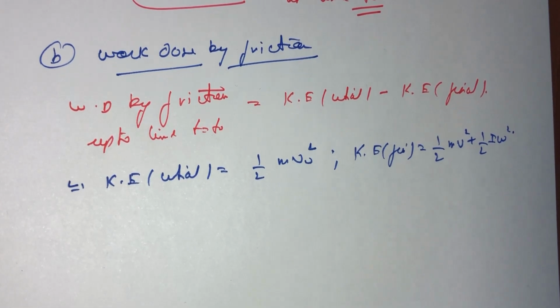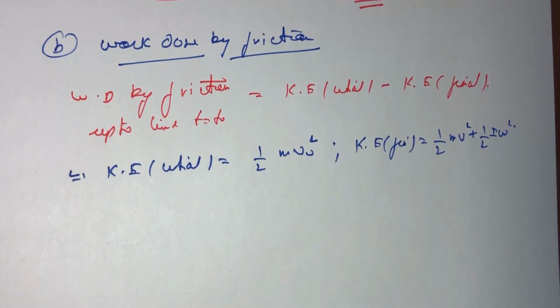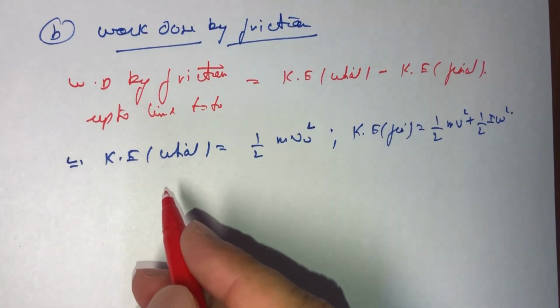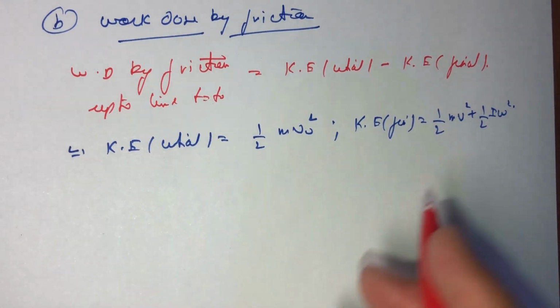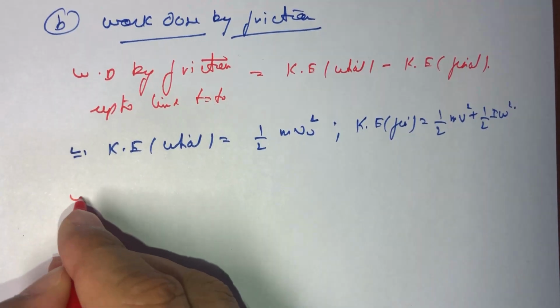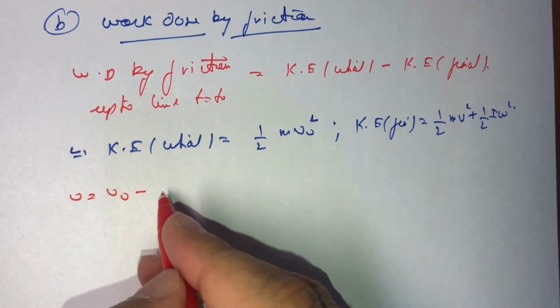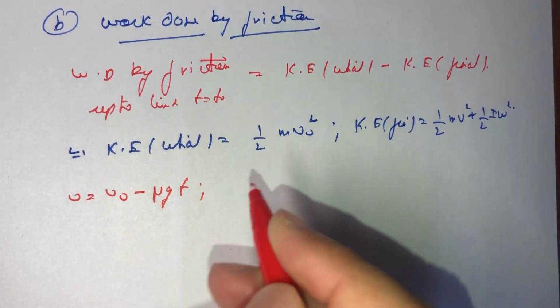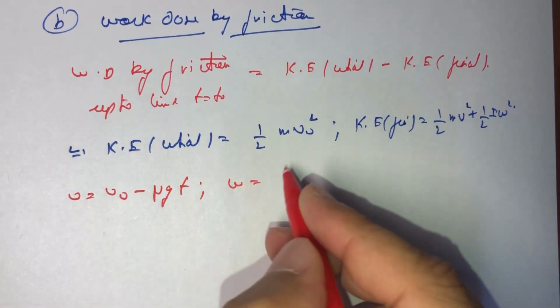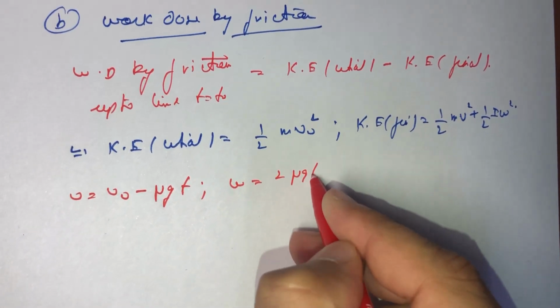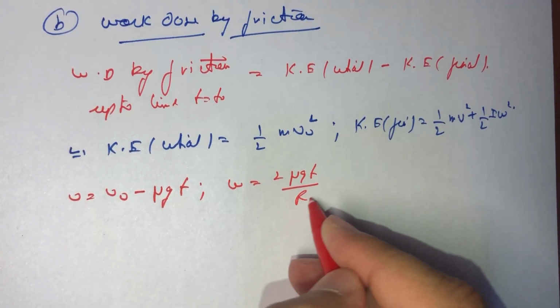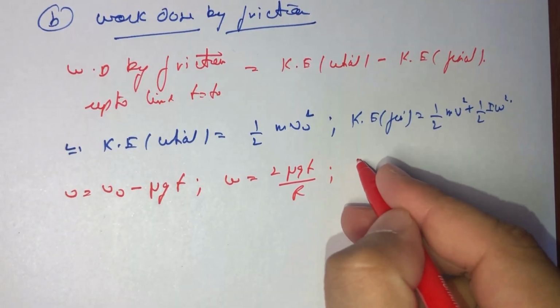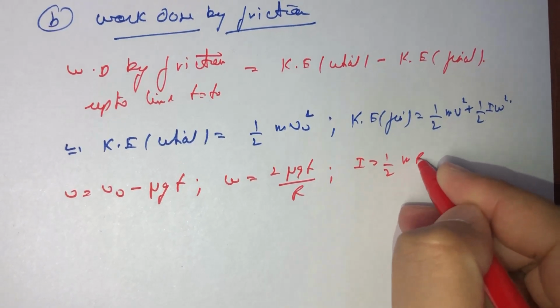So once again we are going to substitute the values. We know that V is equal to V naught minus mu g t. We also know that omega is equal to 2 mu g t upon r, and I is equal to half m r square.